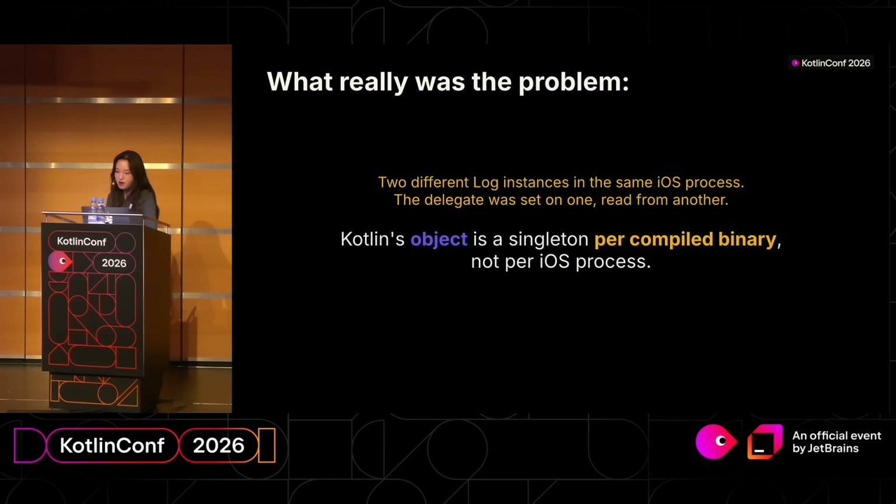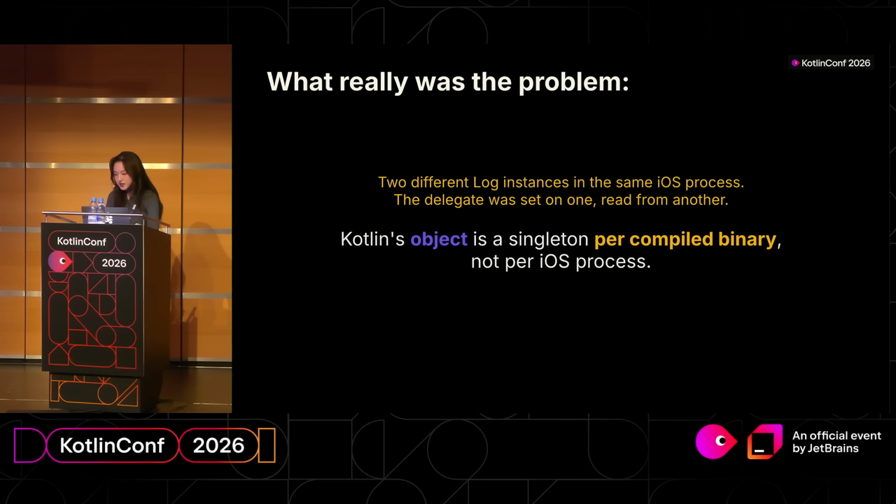And this is the part where we need to dive into what's under the hood. Kotlin's object is a singleton per compiled binary, not per iOS process. When two KMP modules compile as separate XCFramework files, each gets its own static global for every singleton. And this is by design. It's how native binary linking works.